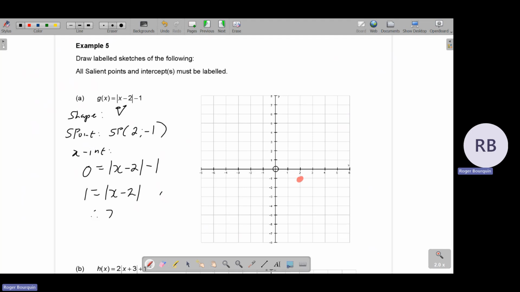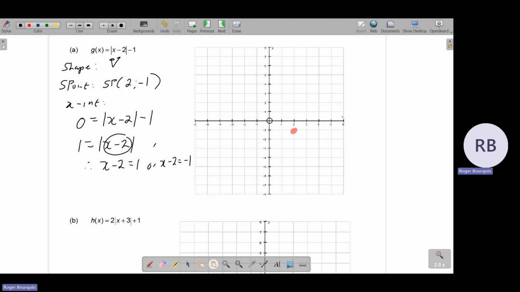The thing inside could be 1, or the thing inside could be minus 1. Remember that? So if that's 1, it will work, and if that's minus 1, it will also work. Why? Because the absolute value of minus 1 is also equal to 1. Okay? So I end up with x is equal to 3, or x is equal to minus 1 plus 2, which is 1. So I've got two x-intercepts.